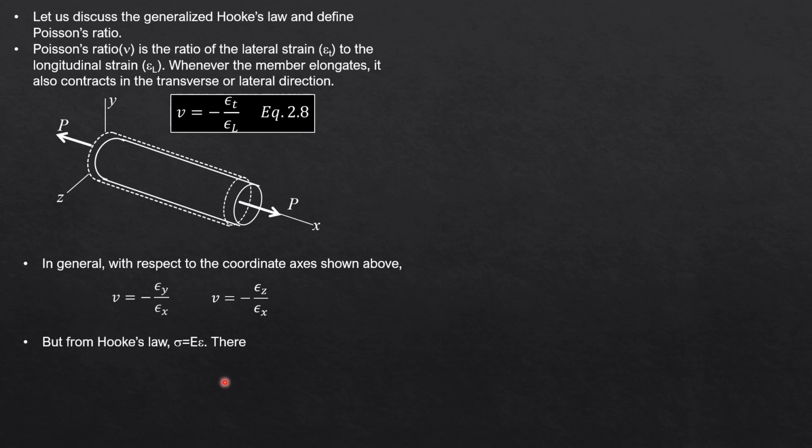But from Hooke's law, since stress is proportional to strain, stress along x is modulus of elasticity times strain along x. Then strain along x is equal to stress normal to the x-axis over E, from this equation here.